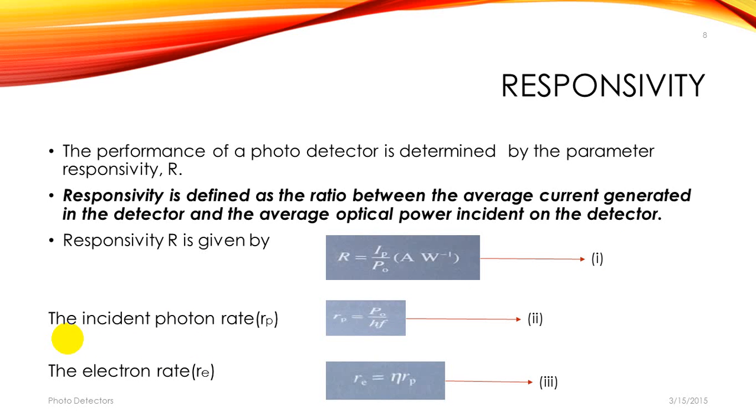The relationship for responsivity, equation number 1, may be developed to include quantum efficiency as follows. Here we will derive the relationship between the responsivity and the quantum efficiency. The energy of a photon E is equal to hf. Thus the incident photon rate Rp may be written in terms of incident optical power and the photon energy as Rp equal to P naught by hf, which is equation number 2.